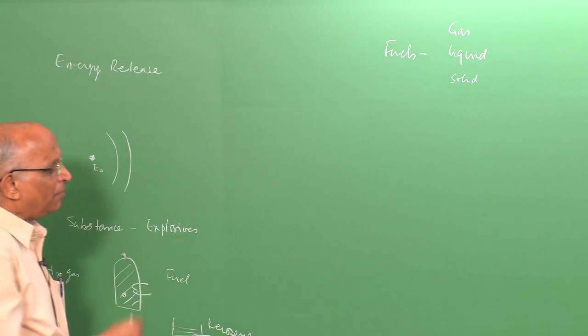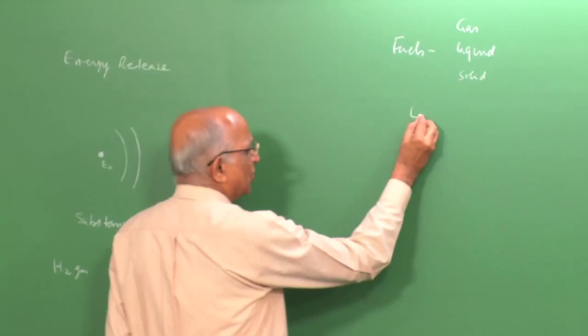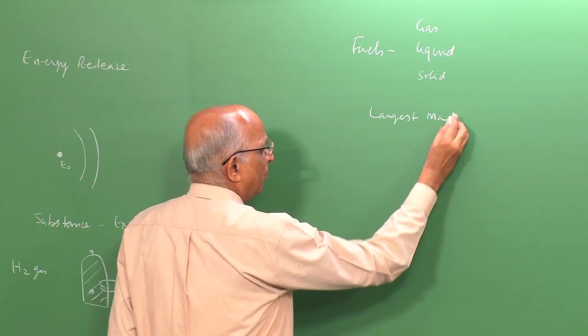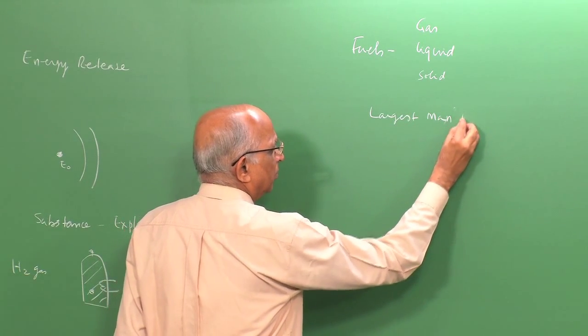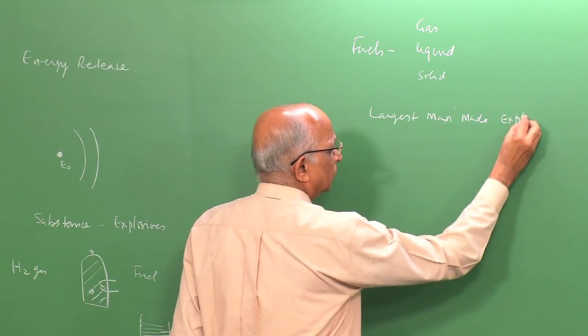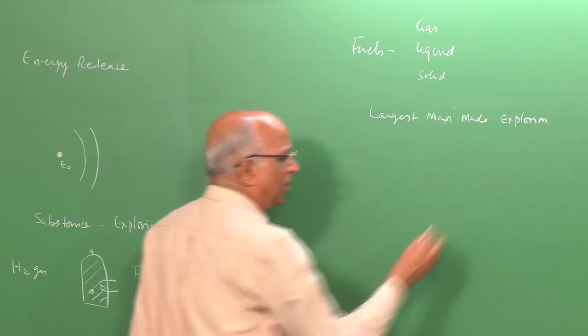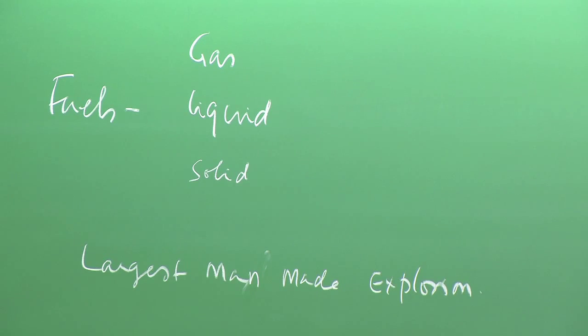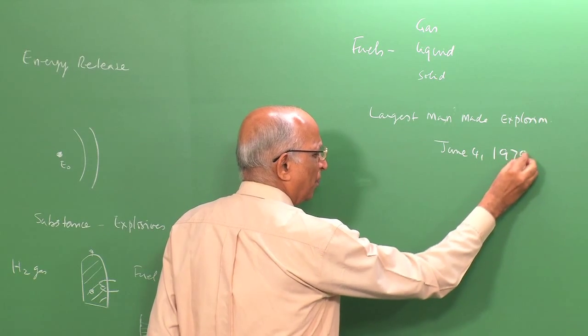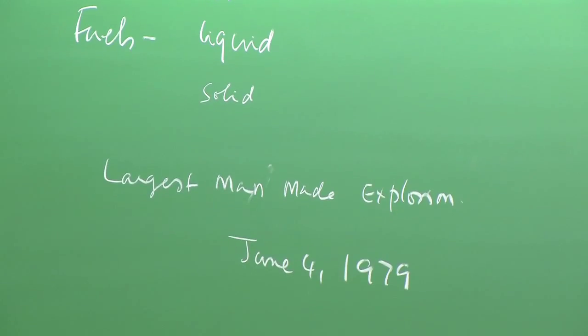Let us take an example. We talked of the largest man-made explosion. This happened in the Ural mountains in Siberia around June 4, I think 1979 or so. What really happened in this case?